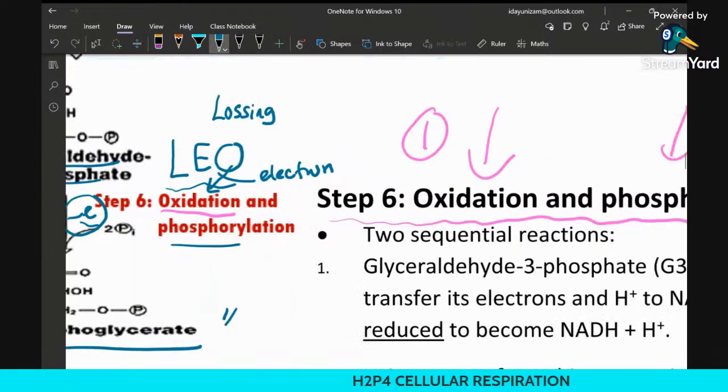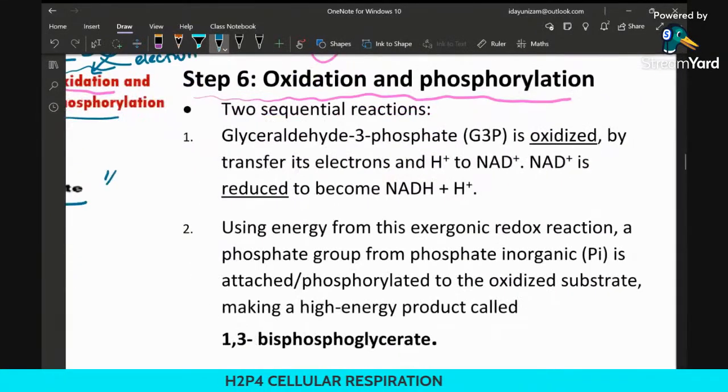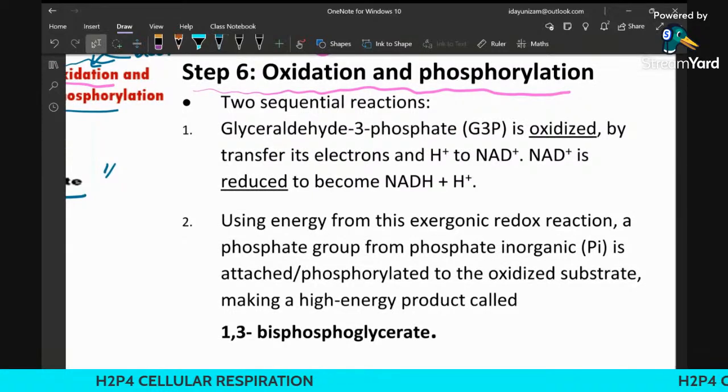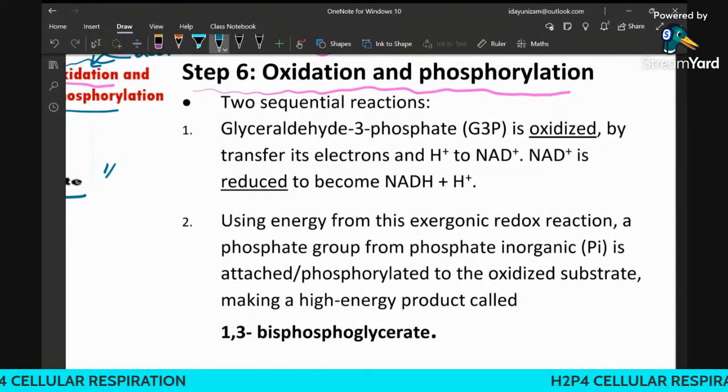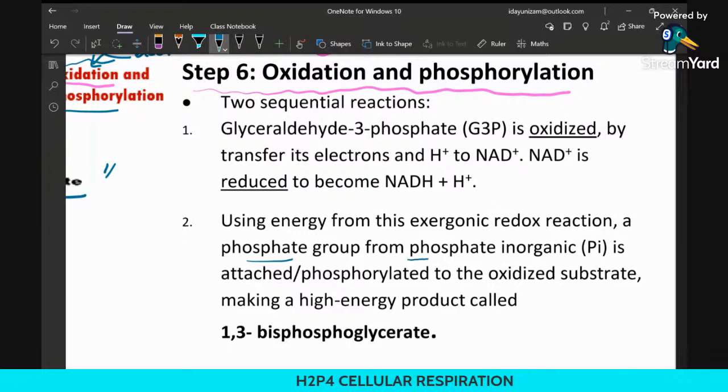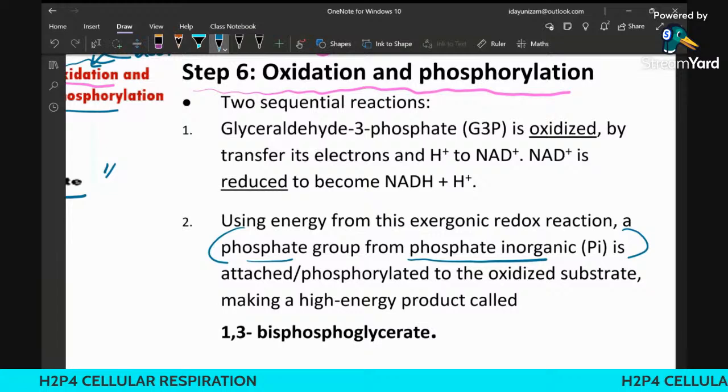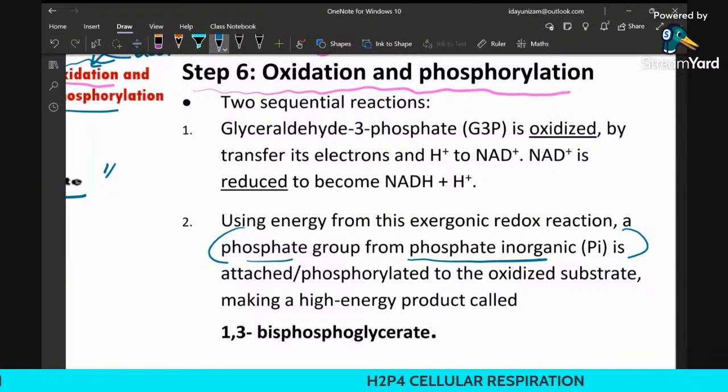So where does the phosphate come from? In step 6, we get the phosphate group from inorganic phosphate, not from the ATP.